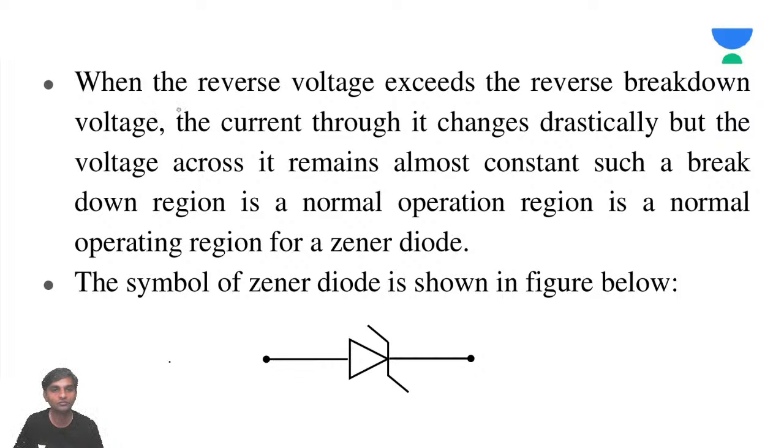When the reverse voltage exceeds the reverse breakdown voltage, the current through it changes drastically, but the voltage across it remains almost constant.